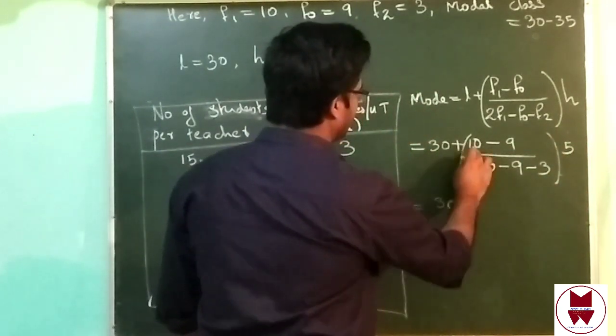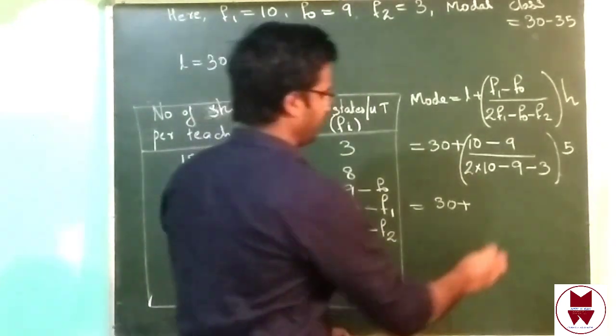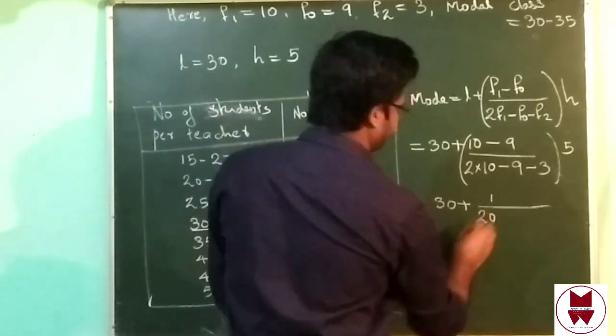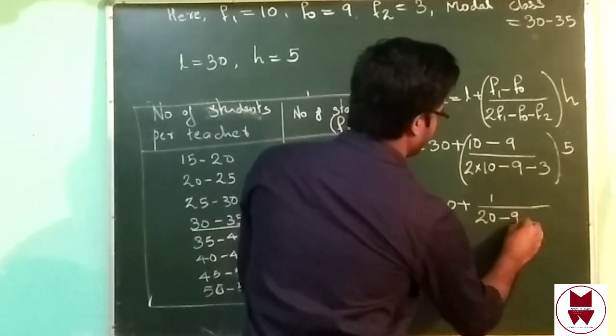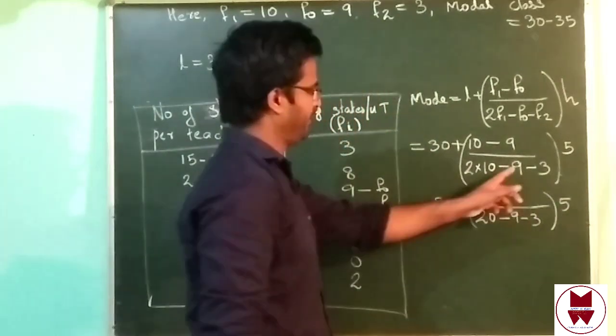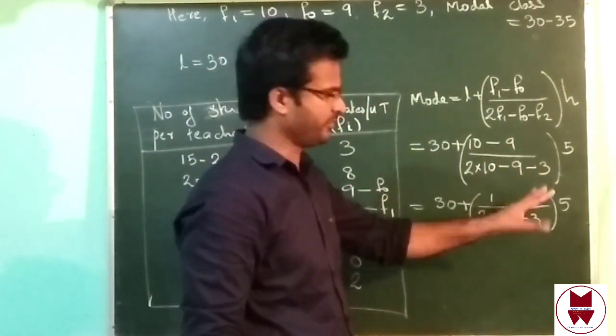30 plus 10 minus 9, that will be 1. Then 2 into 10 we will get 20. Then minus 9 minus 3, into 5. This minus 9 minus 3, don't do it now, afterwards we can do.